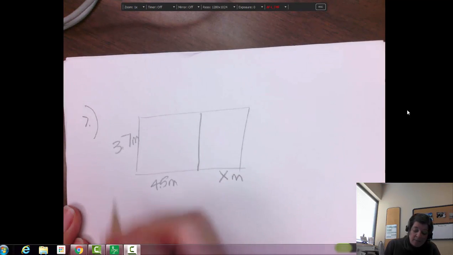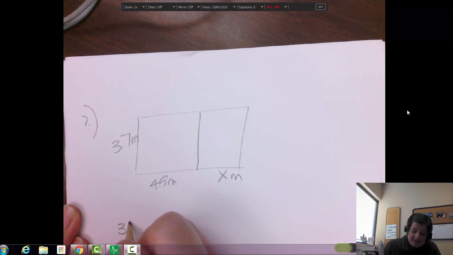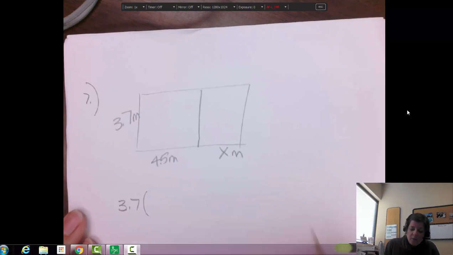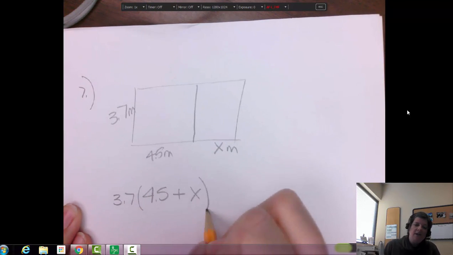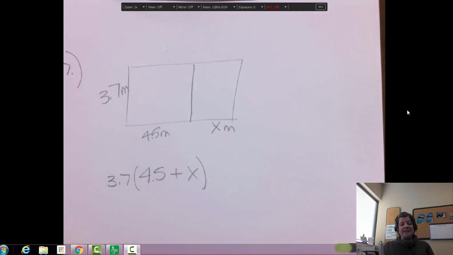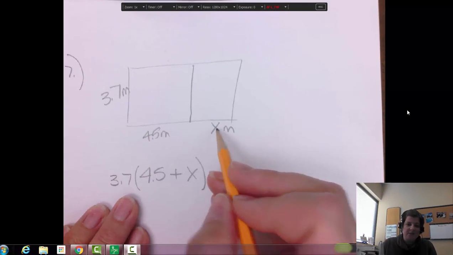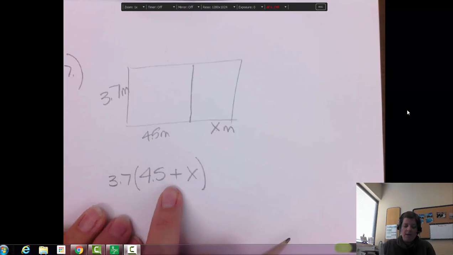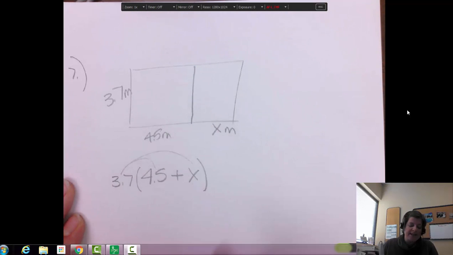So the area would be length times width. And so it would be 3.7 times the width of this one, which is 4.5 plus x. So we could expand this after we write it out, because this is just this one plus this one, right? That's how I get there. And it's length times width. But I could just distribute this here.